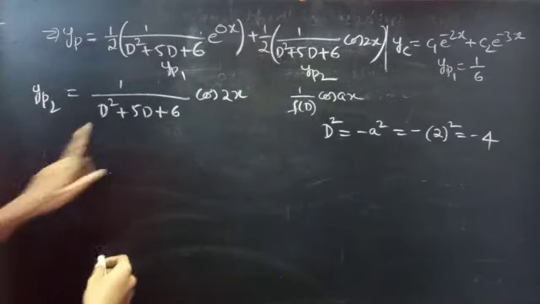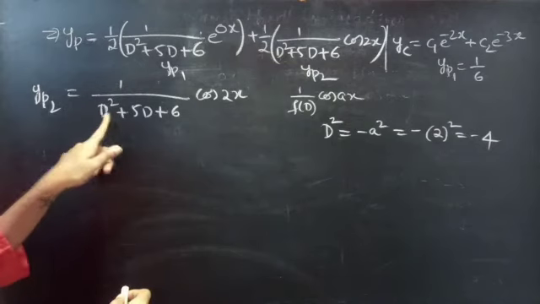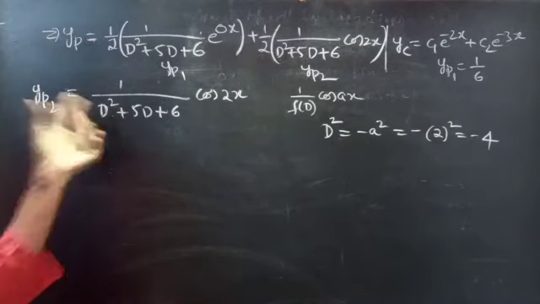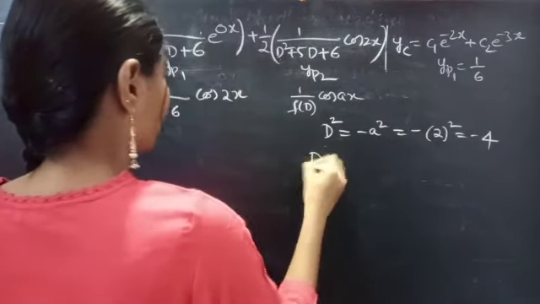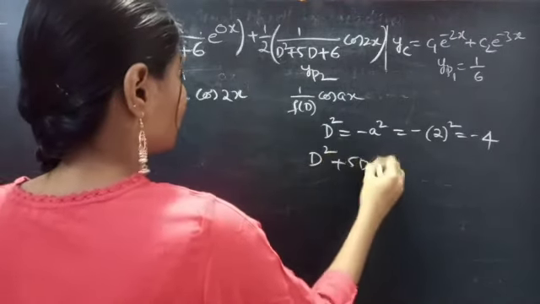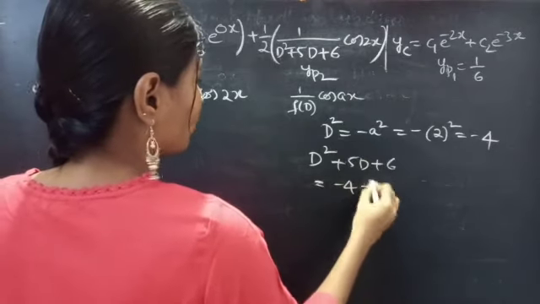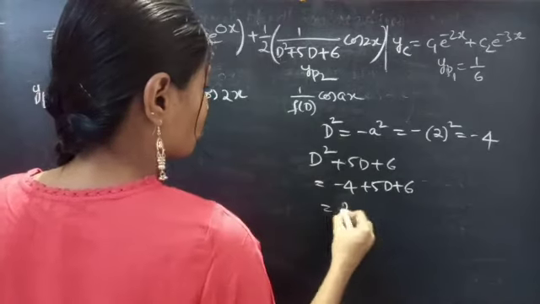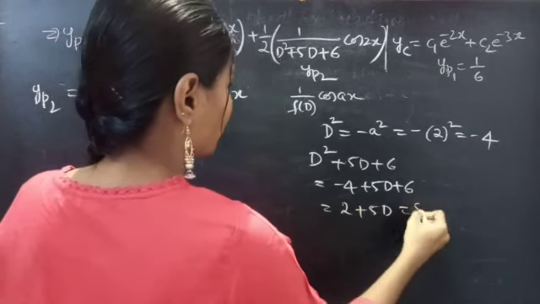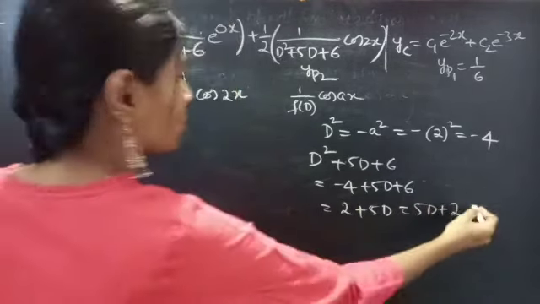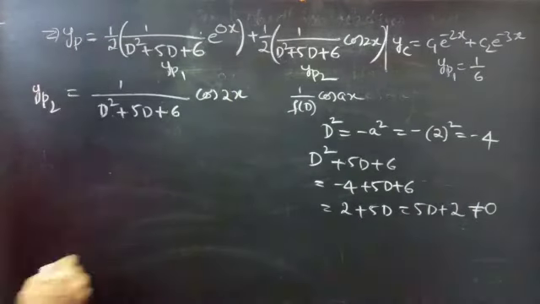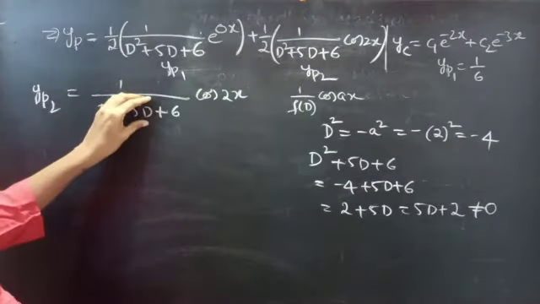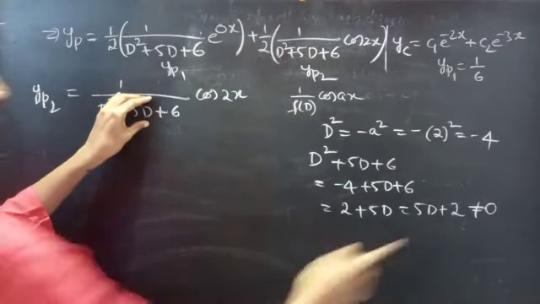Now let's see what happens if we replace D square by minus 4 in the denominator. We'll get minus 4 plus 5D plus 6, which is minus 4 plus 6 is 2 plus 5D, or 5D plus 2, which is not equal to 0. By replacing D square by minus 4, we get a denominator which is not equal to 0.